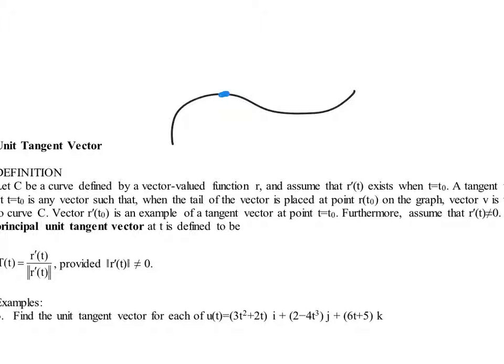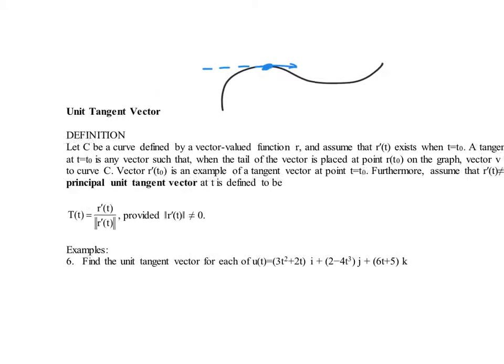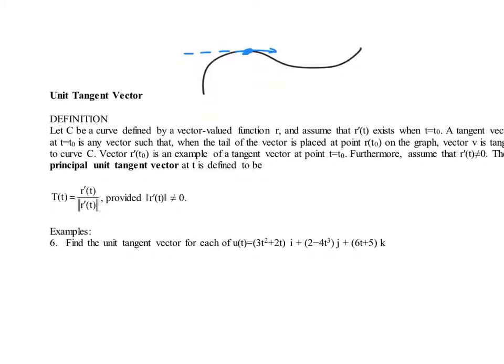The tangent vector is the vector that's tangent to it at that particular location. If you're thinking of a tangent line from Calc 1, the vector would be the direction of that tangent line. This process is going to help us flesh out what that would be as a measure.